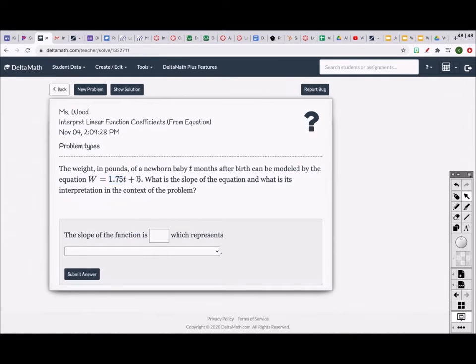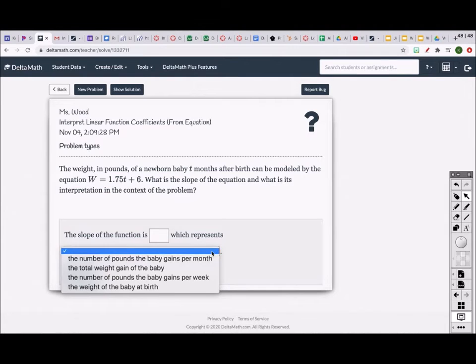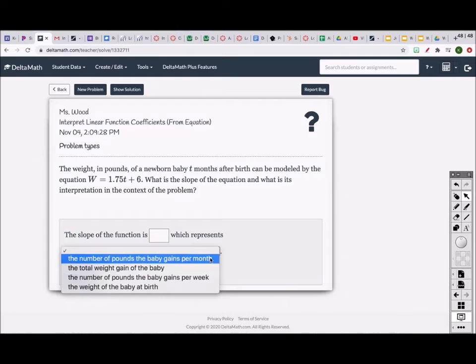That's what this equation is saying: it started at 6 pounds and it went up 1.75 pounds each month. So the slope is the number with the variable, the 1.75, and it is the pounds. Pay attention, this one's per week, this one's per month.